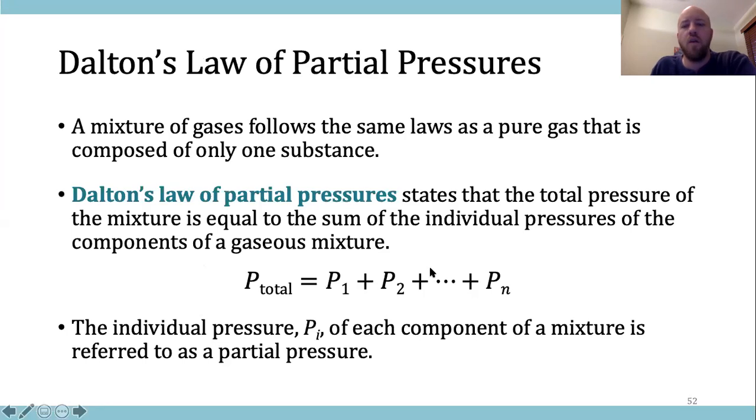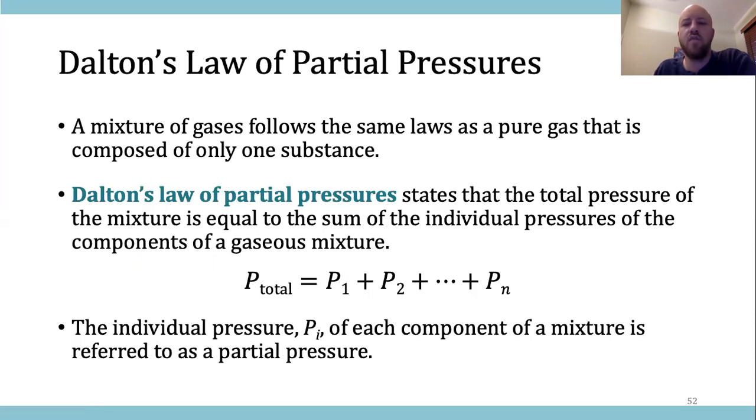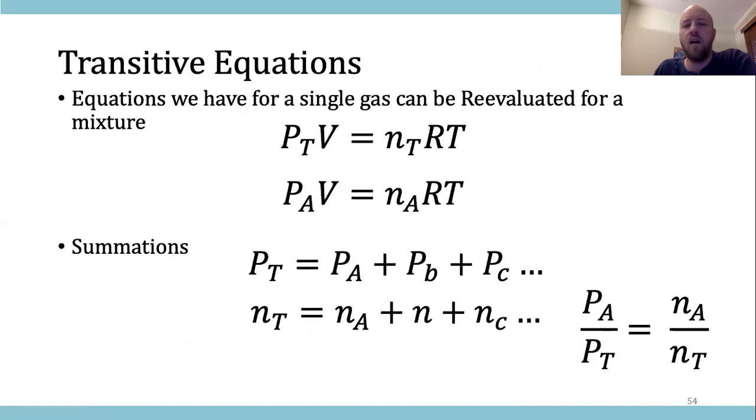All right, partial pressure. Some of these can be a little more complicated, but they don't have to be. We just have to keep in mind some of the considerations here. The total pressure is the sum of all the partial pressures. The total moles in the system is the sum of all the individual moles.